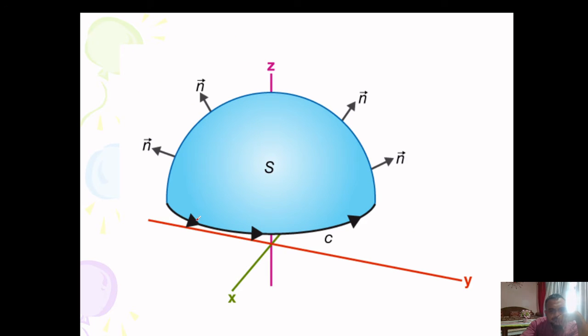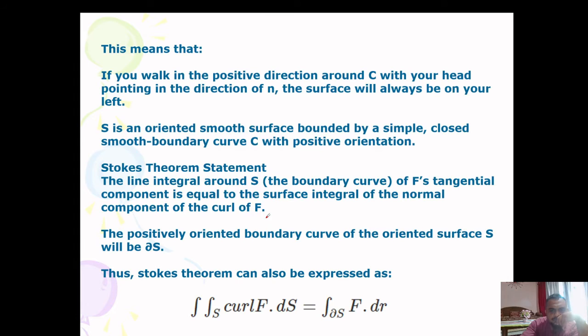You can see here the surface is bounded by this curve. This is the curve. This is closed, so it has to reach the starting point, but the surface is not closed. So if I walk in the positive direction around the curve with my head pointing in the direction of n, the surface will always be on my left.